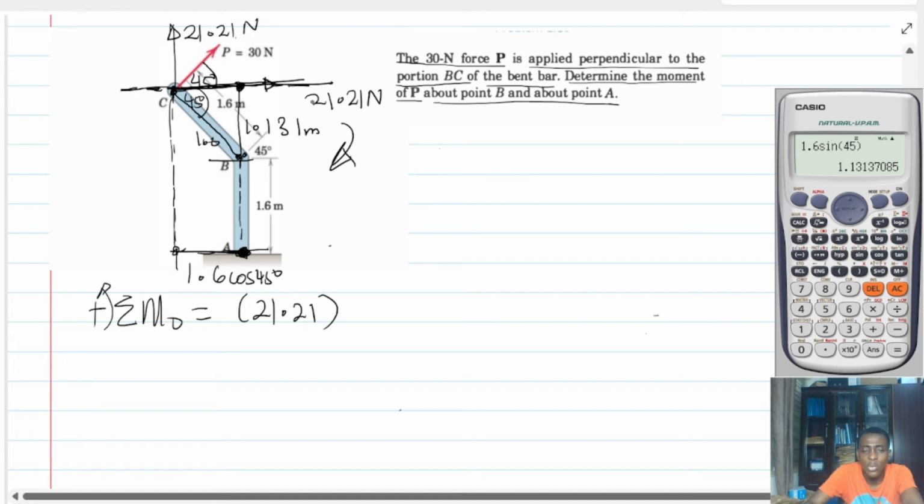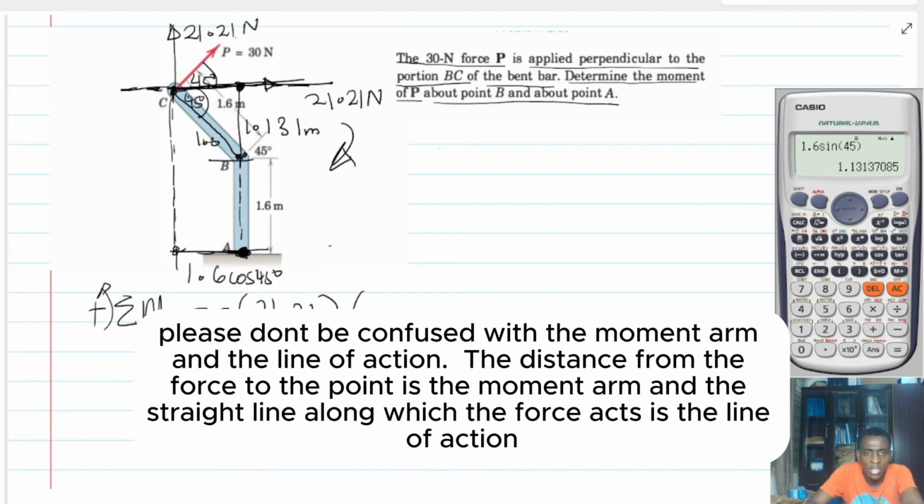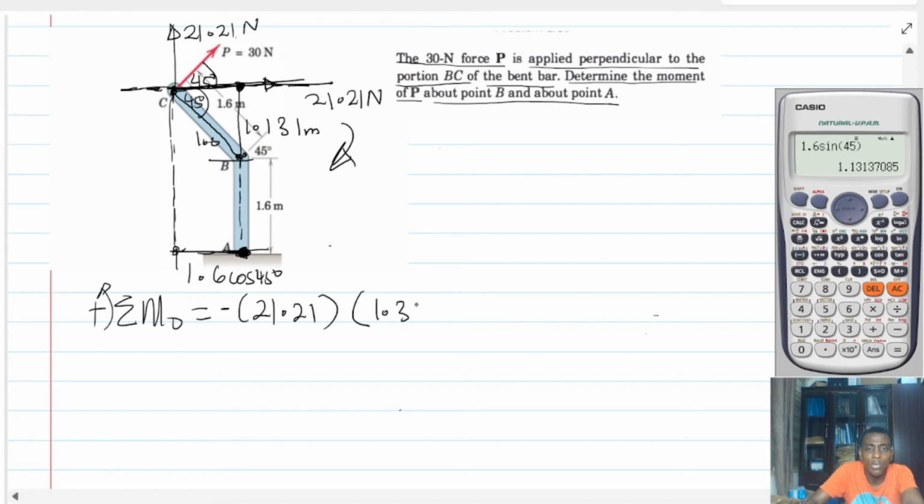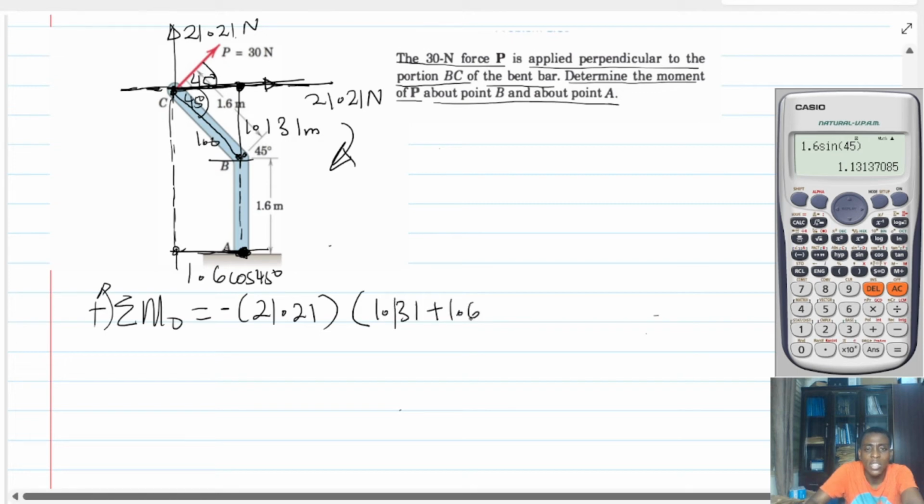So what we realize is that it is clockwise, or minus. The line of action of the 21.21 force, which is the horizontal force, is actually the distance from all this way to this point. And so it's going to be 1.131 plus 1.6.